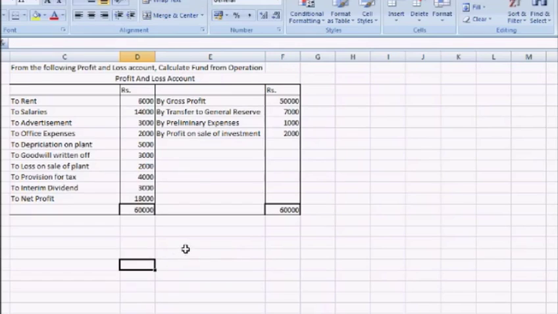Before we understand fund flow in totality, we'll have to understand what is fund from operation, which would be helpful in both fund flow statement as well as when we prepare cash flow statement.